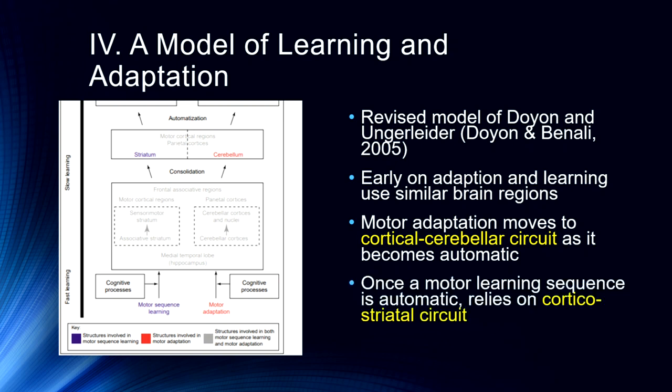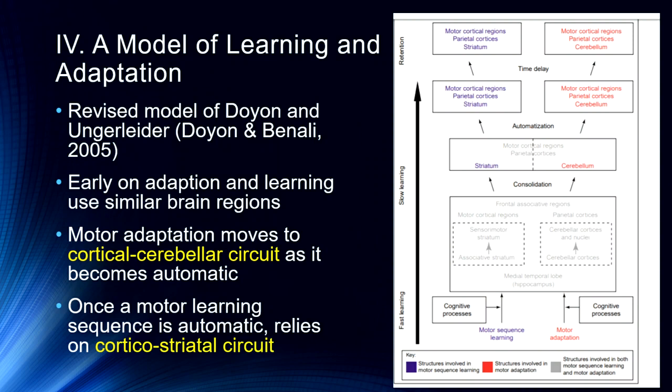For a new motor learning sequence, so you're trying to learn a new guitar riff or learn how to do knitting or whatever it is you're trying to learn, once that's become automatic, we have then reliance on a corticostriatal circuit.